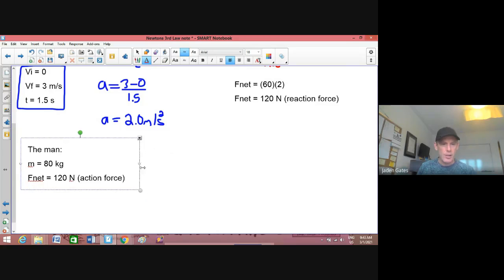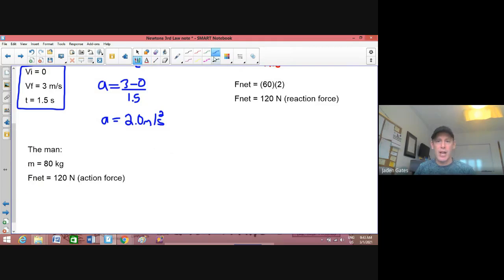So again, using Newton's second law, I'm going to have F net or F equals ma. My force is 120 newtons, his mass was 80, and to find his acceleration, I'm going to divide both sides by 80. They divide each other out. a is going to be equal to 120 divided by 80.